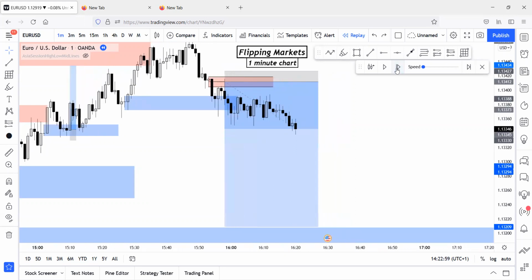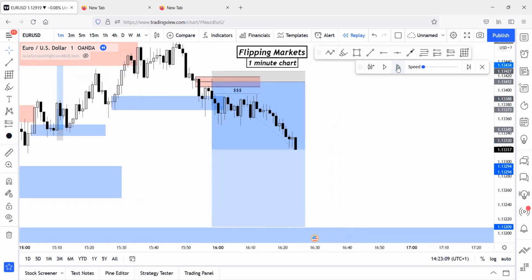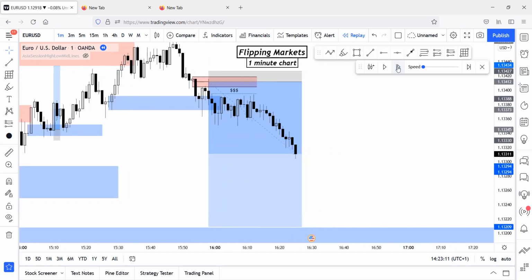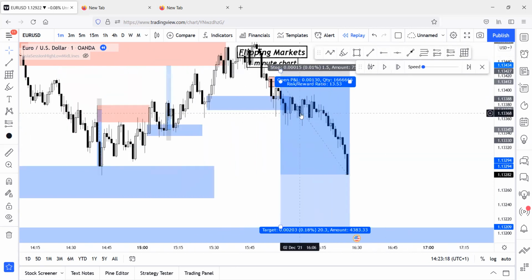Price fed the downside liquidity. Maybe it will come up for the upside liquidity here. Let me just mark it. Okay, it won't come back up. It just keeps breaking structure to the downside.